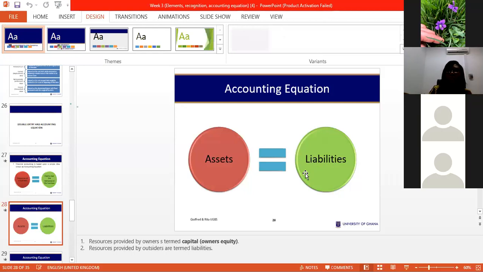They could provide resources to the business, third parties, and they are known as liabilities. So that resource could be providing you with some goods on credit. So if you want to start a business, you have some money, you don't have all, somebody can offer you and say, look, go, let me give it to you.